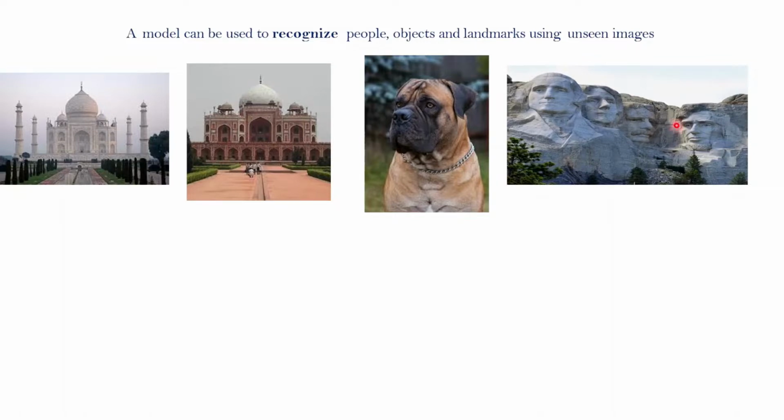This image is representing Mr. Abraham Lincoln, and it can say who is Theodore Roosevelt and who is Thomas Jefferson, and where this whole monument is located.